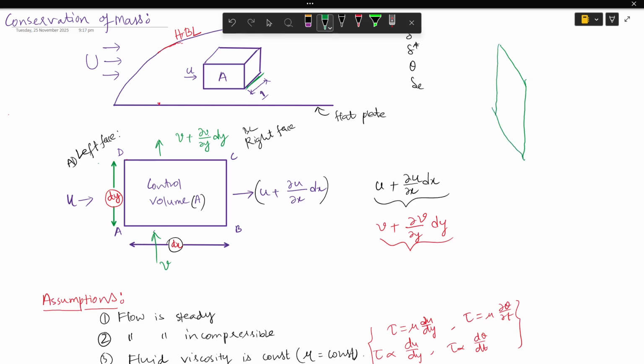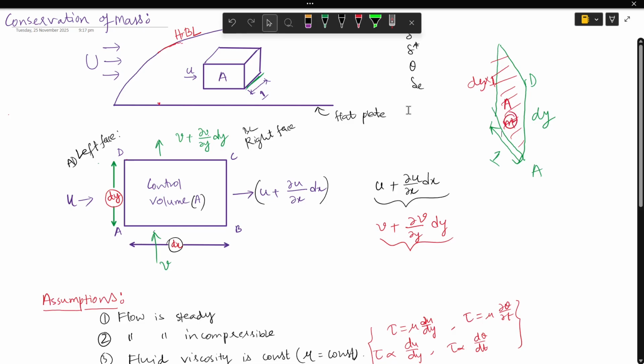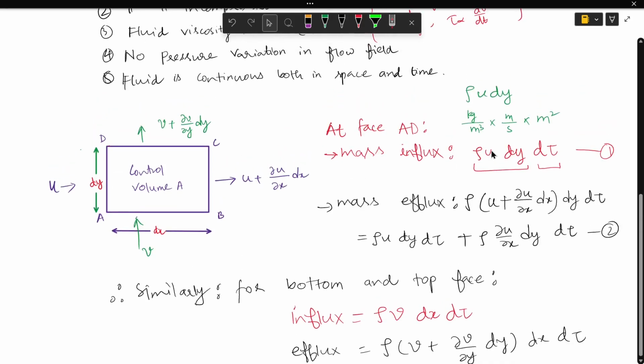If I want to talk about AD phase, D is here, and this part from here to here is basically 1. So this is dy, right? So what is the area? This area is basically dy into 1, which means this area has the unit meter square. So I can say that this dy is basically a meter square.